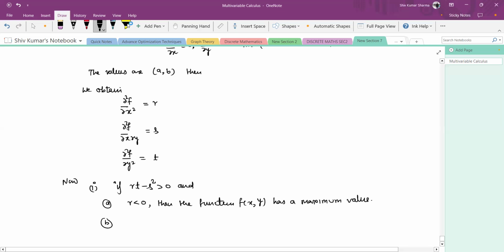If r is greater than 0, then the function f(x,y) has a minimum value.